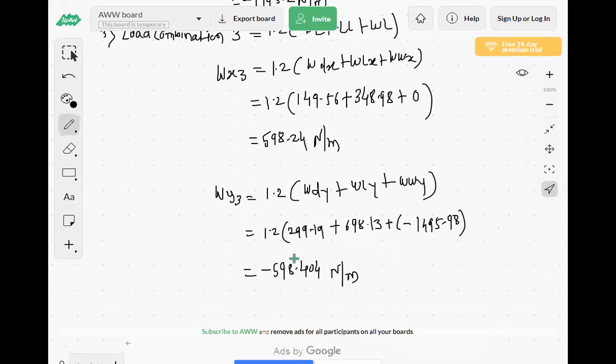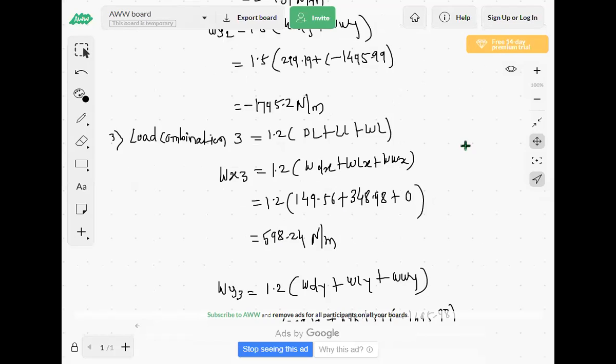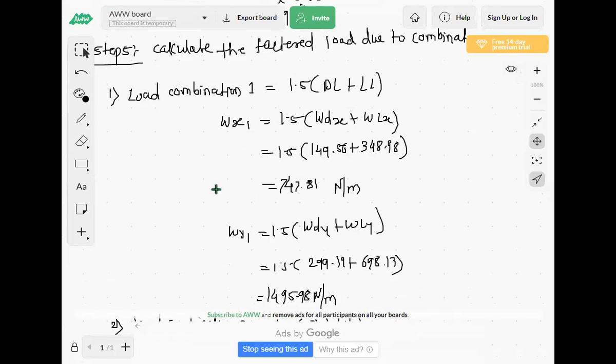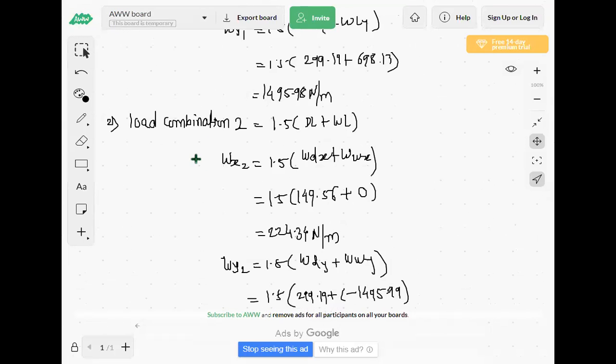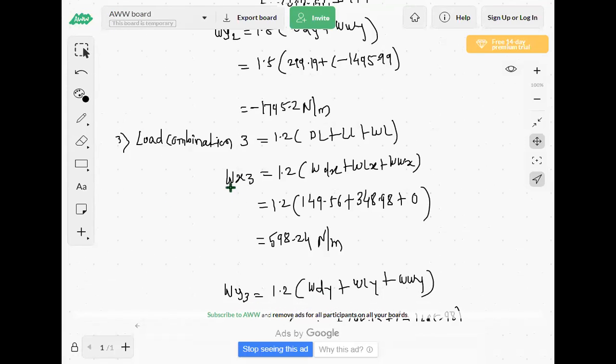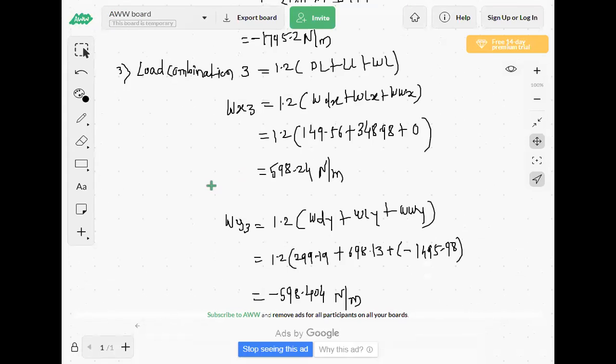Okay. So now these are the 6 components from 3 load combinations. Due to load combination 1, WX1 and WY1. Due to the second load combination, WX2 and WY2. And due to the third load combination, WX3 and WY3.